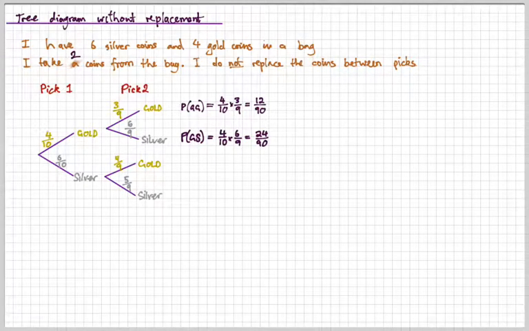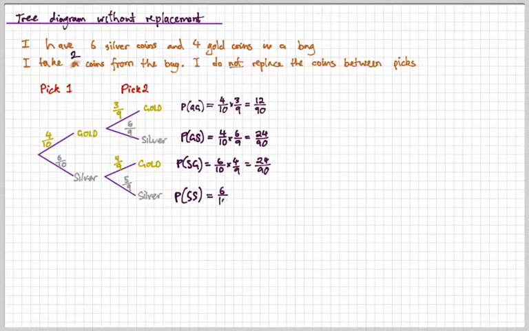Remember, we're multiplying along branches. So probability of silver and then gold, multiply along branches, you get 6/10 times 4/9, giving you 24/90. And finally, multiply along branches for the probability of silver and then silver to give you 6/10 times 5/9, or 30/90.